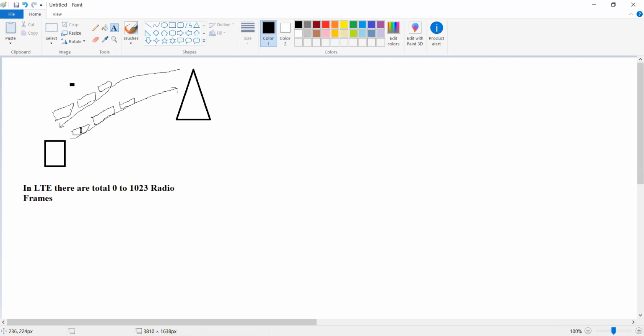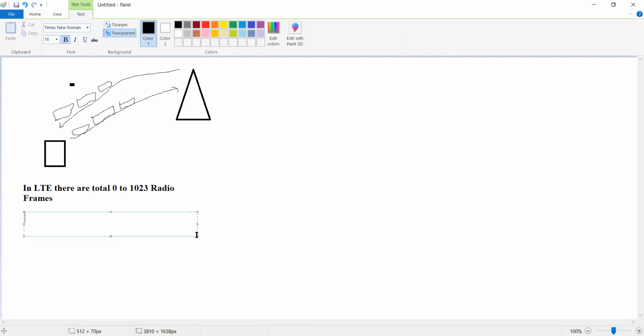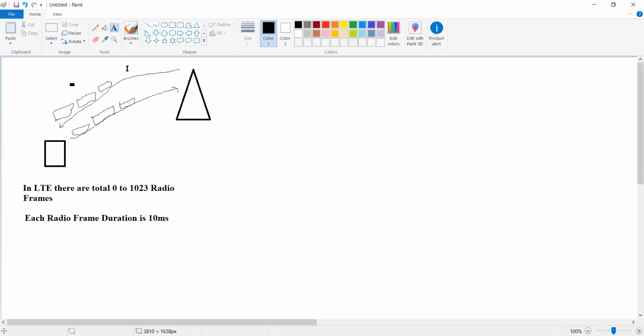These are the frames transferred in the radio part, carrying data. Each radio frame duration is 10 millisecond.